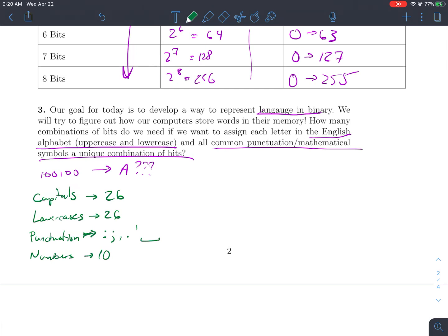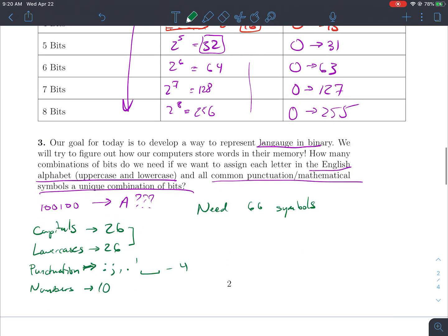So let's see what we get here. 26 plus 26 plus 4 or 5, 4, plus 10, 52, plus 4, 56, 66. Okay. So we might need like 66 symbols. And that's just off the top of my head. There are probably symbols that I'm forgetting we need as well. But I think that gives us a pretty good start.